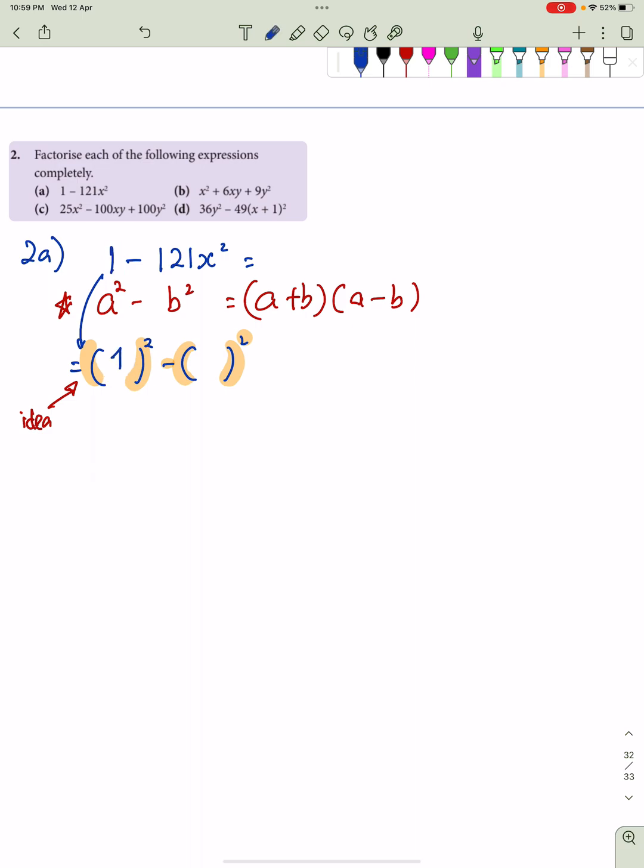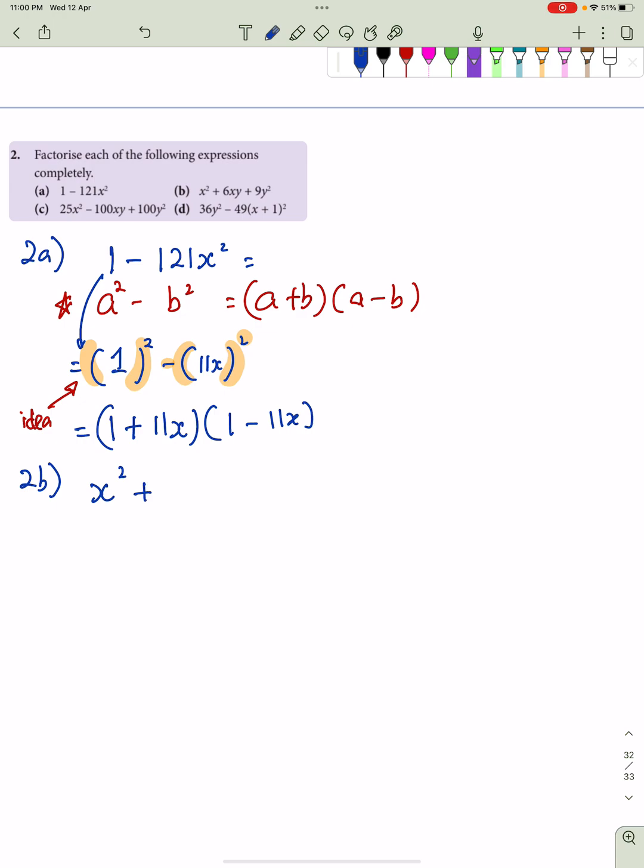You can notice that it's still 1. However, 121x squared will be just 11x. So you don't go into the trap of putting something different into the second bracket. To simplify it, I know it is the first term plus the second term, and the first term minus the second term. That's it.